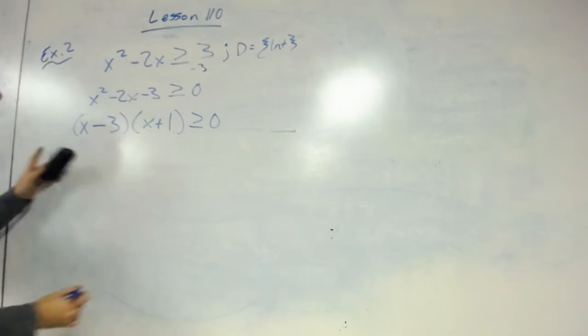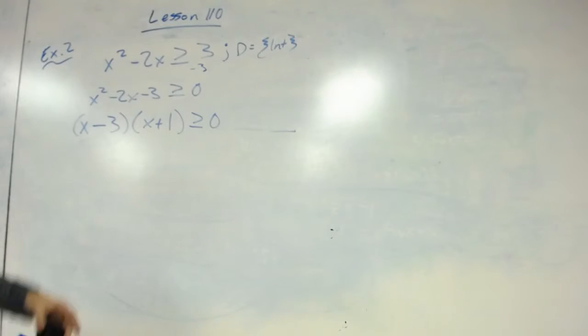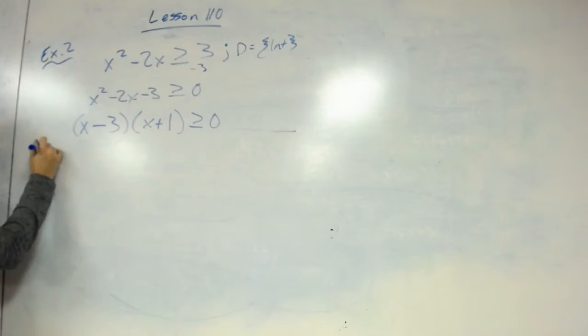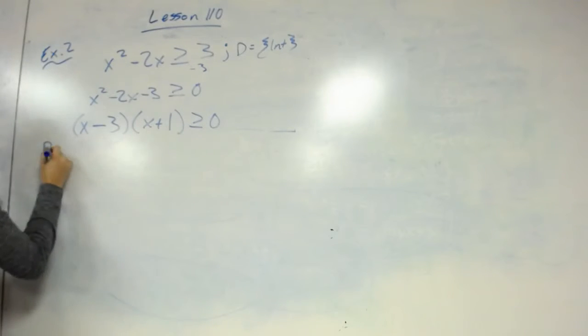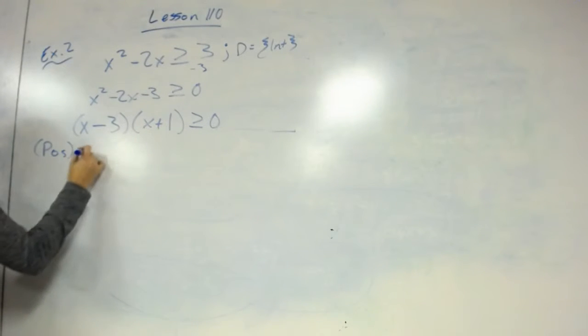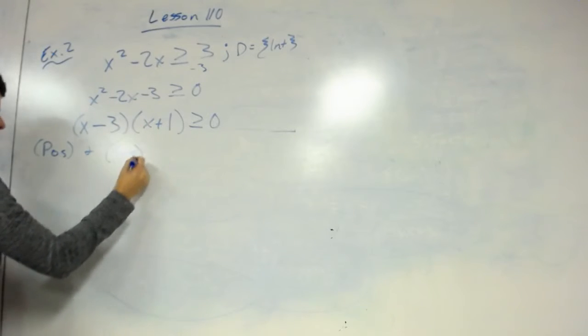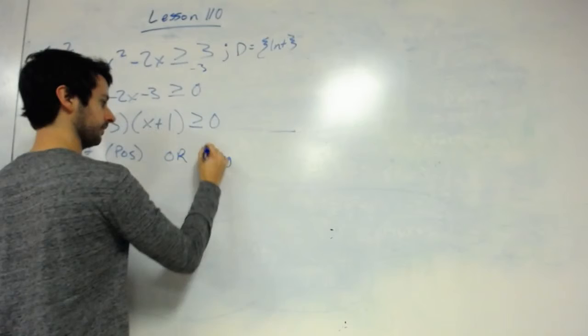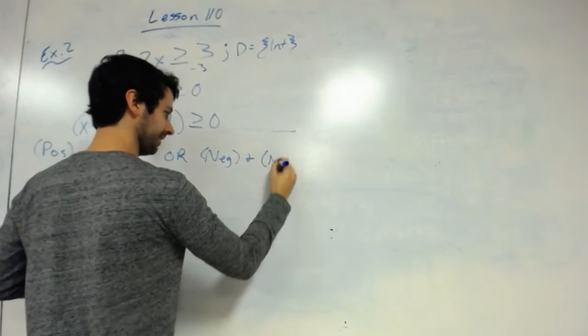So now we have it in factored form, and we can get to graphing. Once again, we need it greater than, so we're doing a positive and a positive, or a negative and a negative.